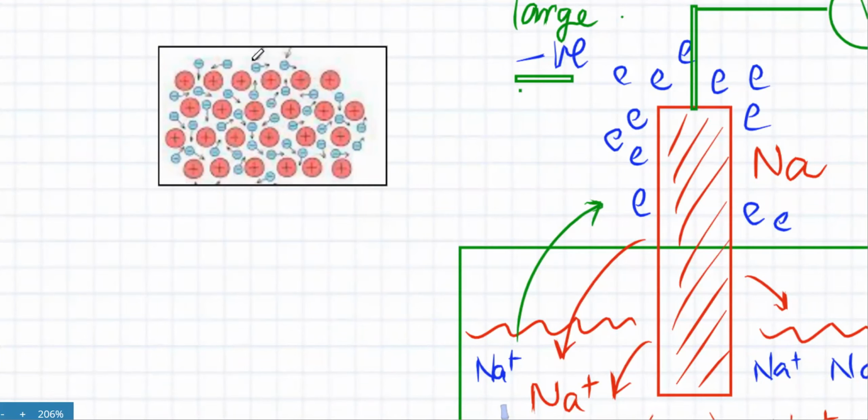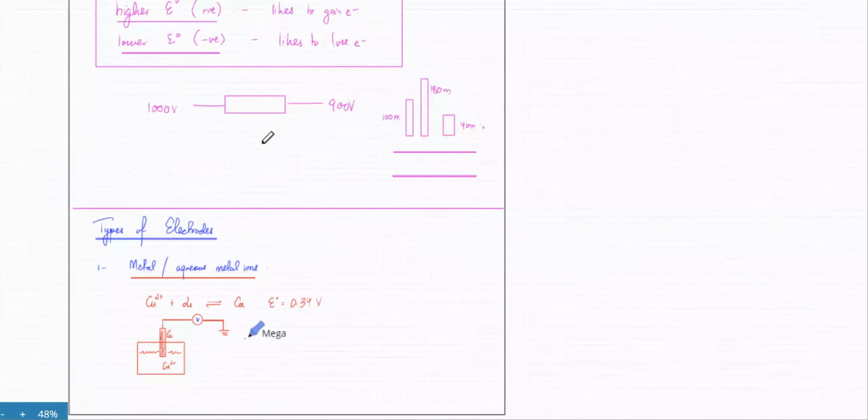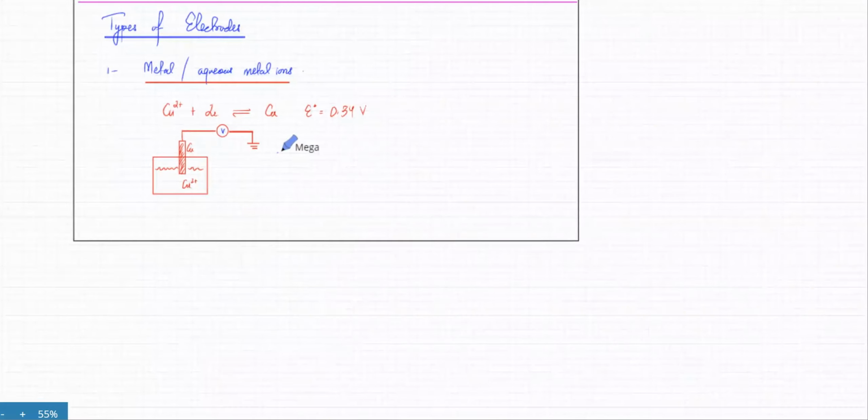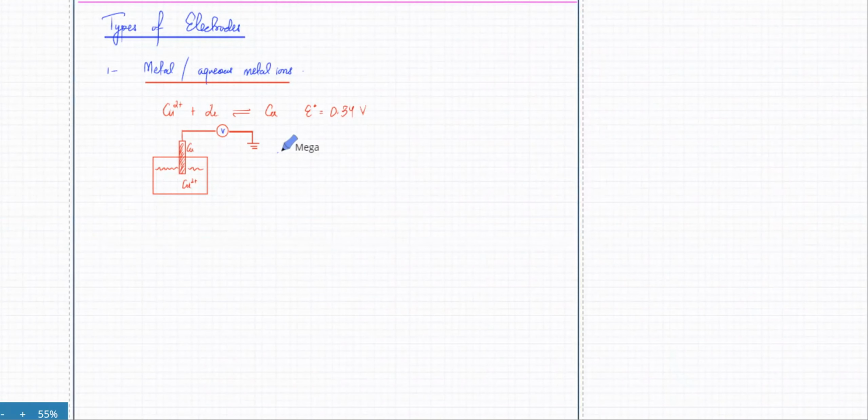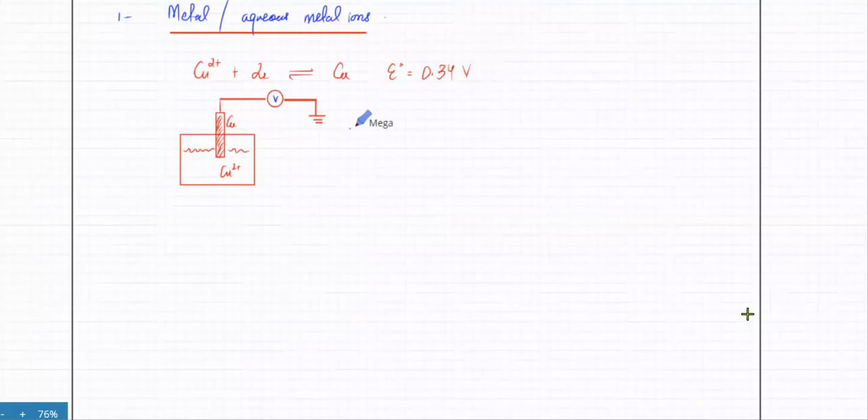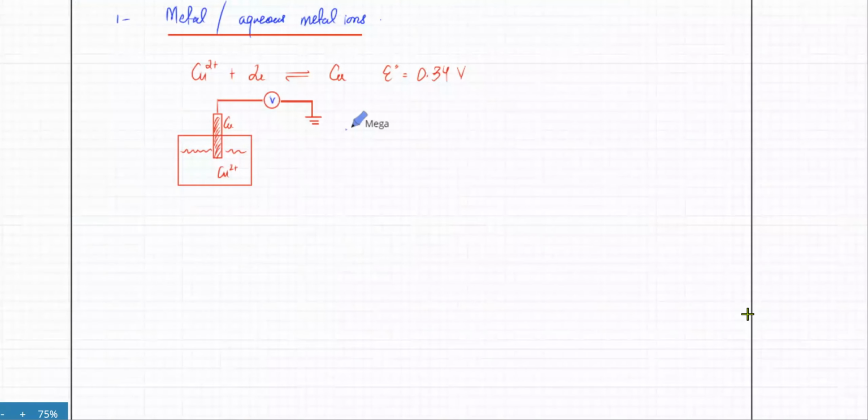You need a source of electrons. If somebody wants to gain electrons, it can take them from the electrode. If somebody wants to give electrons, it can give them to the electrode. So if there is no metal, then you have to introduce an inert electrode, and that inert electrode is a platinum electrode. So that's going to be our second.